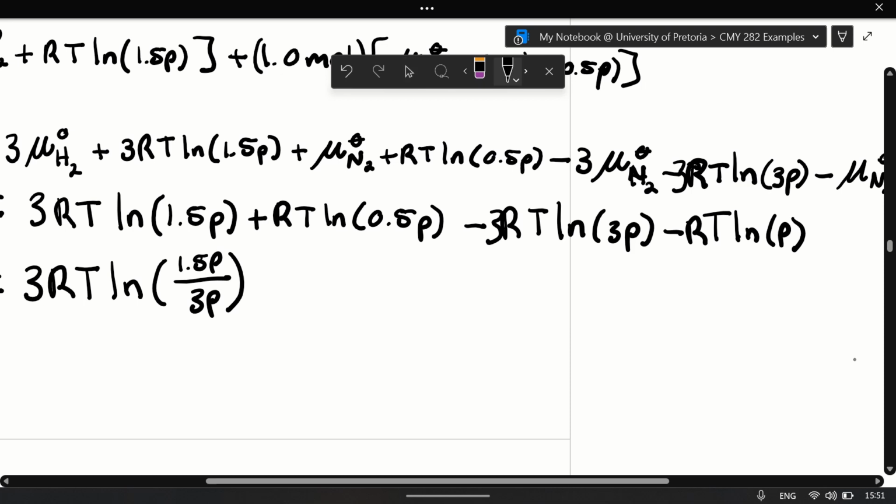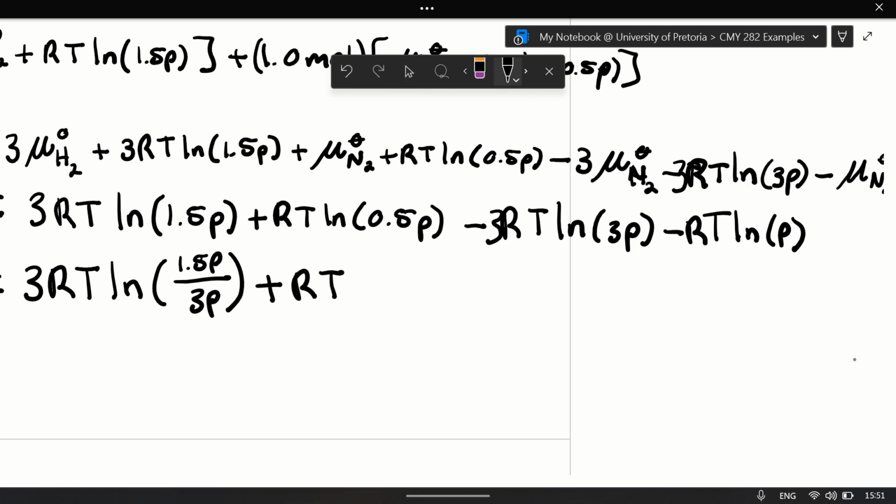Alright, and then we can group the other two together, because the ln of 0.5P minus the ln of P is the same as the ln of 0.5P divided by P. Aha.